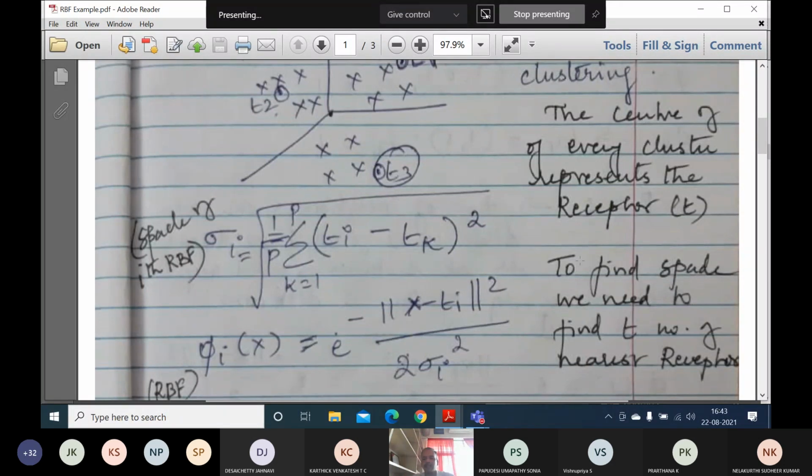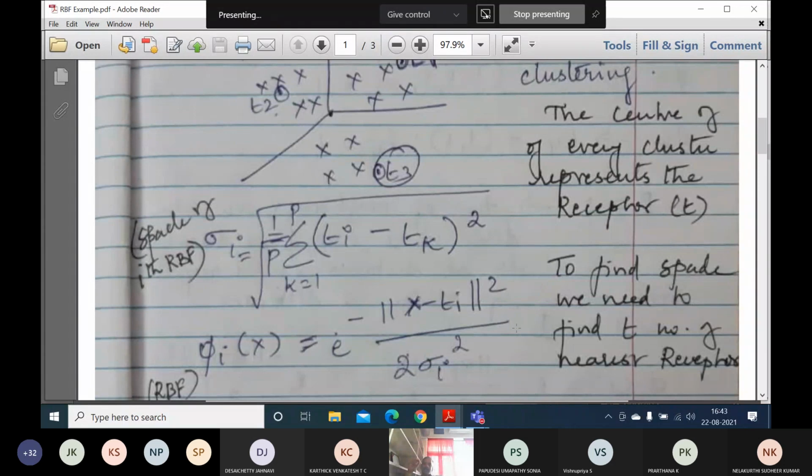Once the spade and the receptors are defined, we need to find the RBF value for each and every receptor and spade. That is expressed as psi i of x, equal to the exponential of minus the summation of x minus Ti the whole square divided by 2 sigma i the whole square.